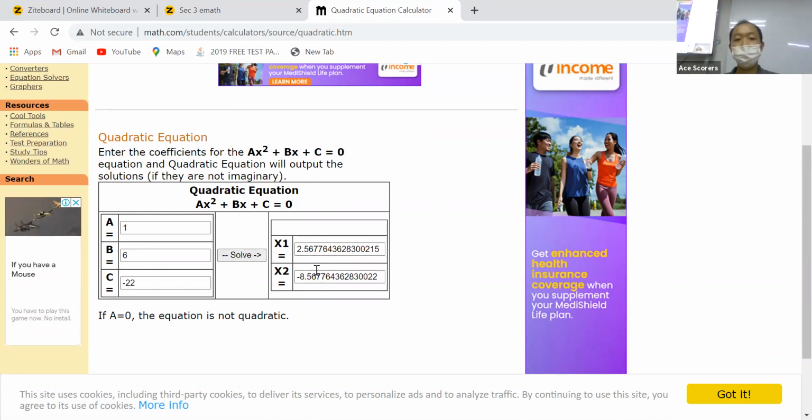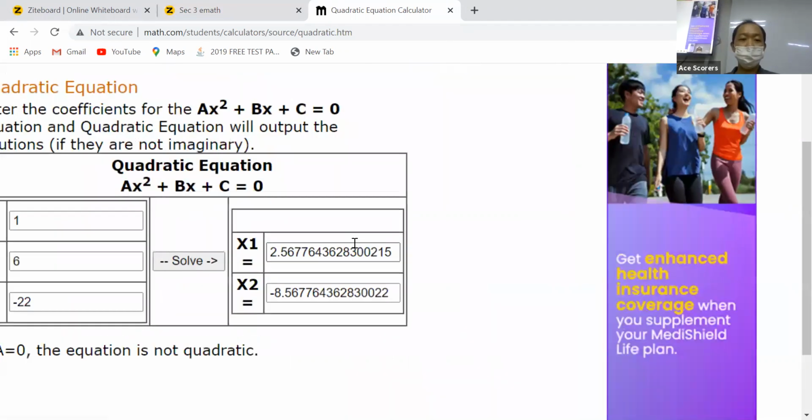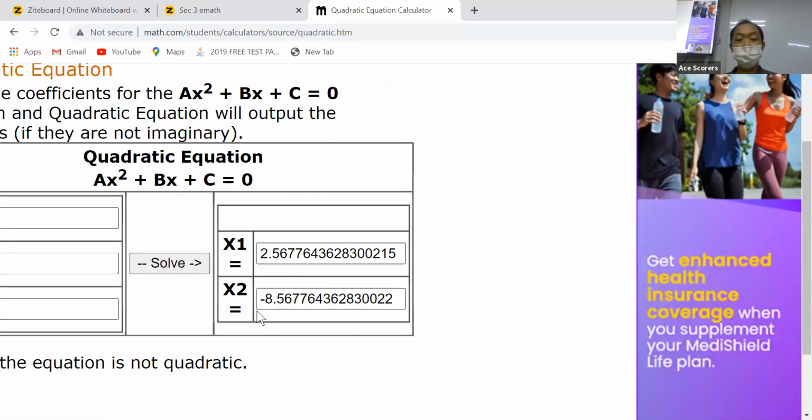Right, so you have two values. First x is 2.56, then the second one is negative 8.56. So mode 33 will give you this. And we will reject the second one because it's a negative value. We will accept the first one, which is 2.56. So x2 reject due to negative value, x1 accept.